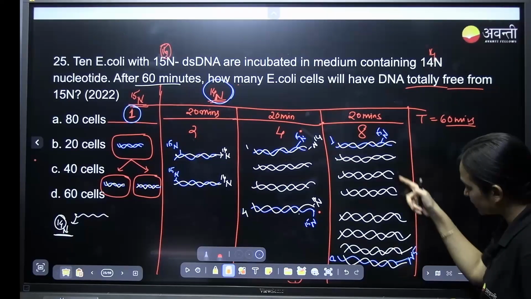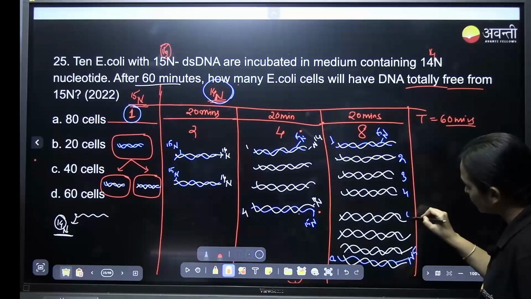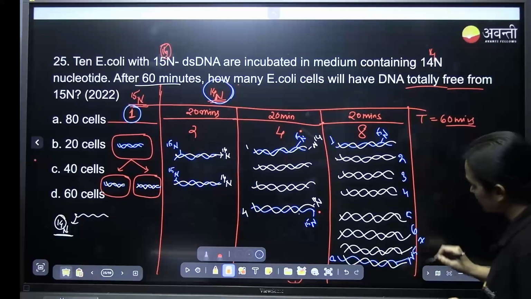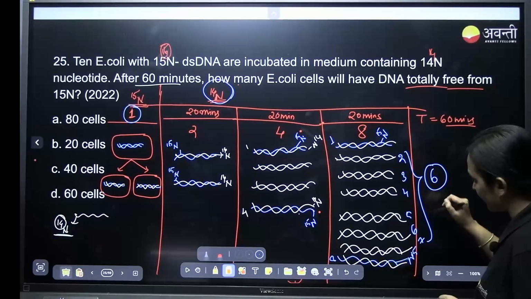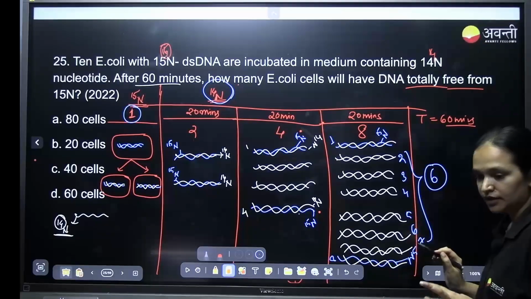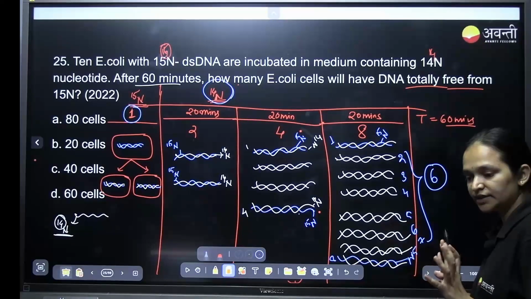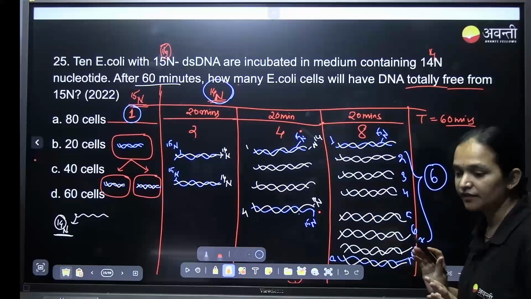Understanding? All the others, see for example 2nd, 3rd, 4th, 5th, 6th, 7th, the total of 6 bacteria have normal N14, okay, normal, that is N14, and the 2 bacteria have N15, that is the heavy isotope.